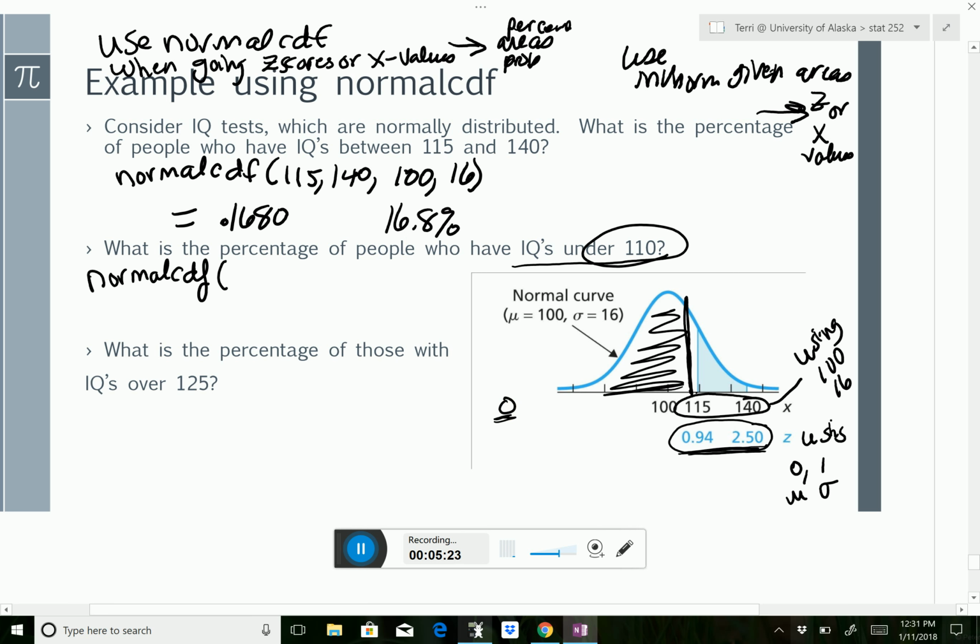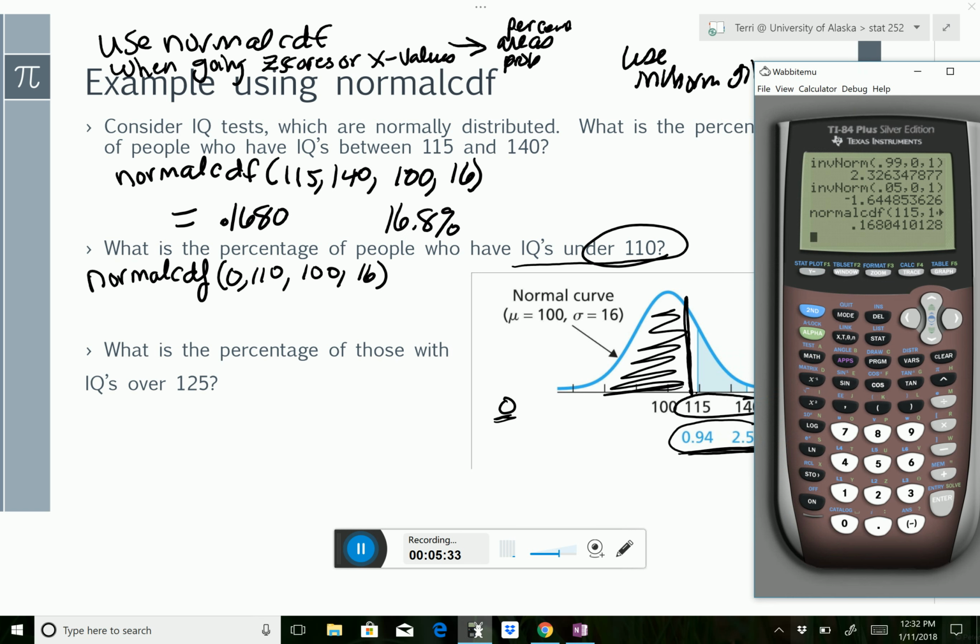So you know what? I'm thinking 0 will do just fine. So we can actually go from 0 to 110, 100 and 16. So let's do that. We're going to go from 0 up to 110. And we get 0.7340, or percentage, 73.4% of people have IQs under 110.